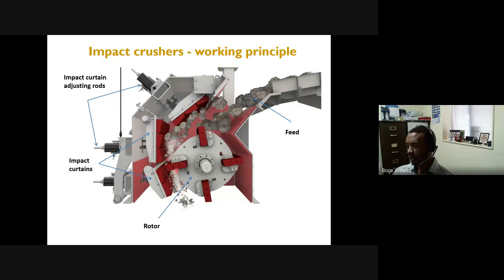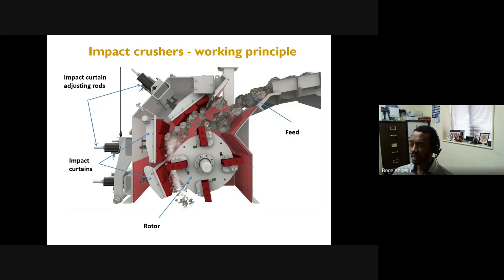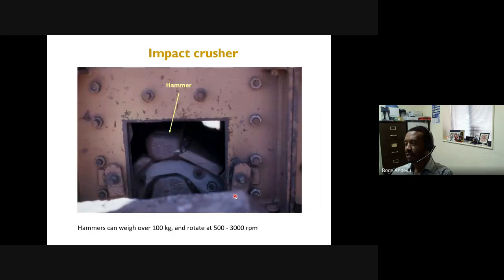So this rotor moves at a very high speed, thousands of revolutions per minute, and therefore as the rock is fed from the top here, the hammer hits the rock at very high force and hits it against the wall of the impact crusher and basically shatters the rock and produces lots of fine pieces. And that's how an impact crusher operates.